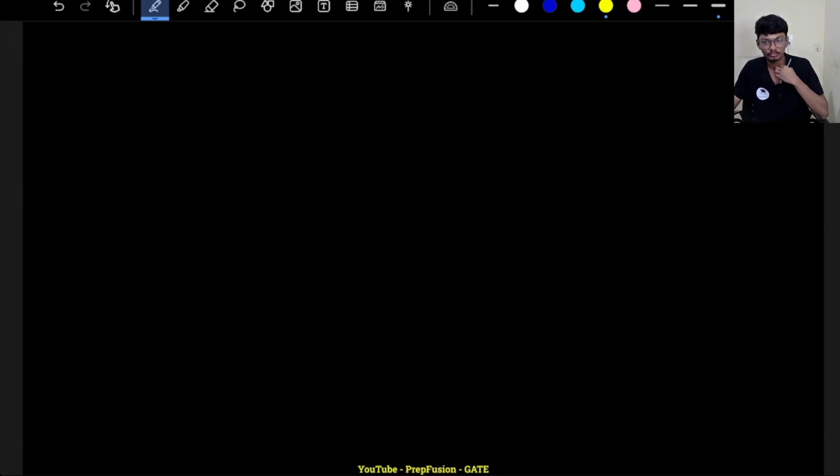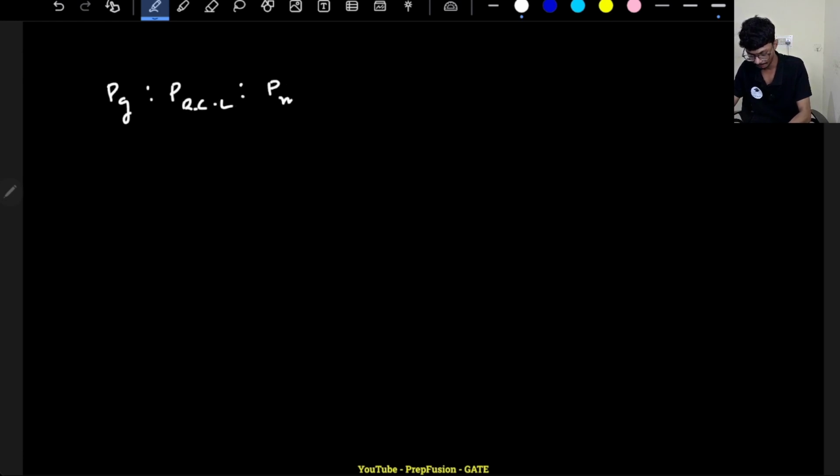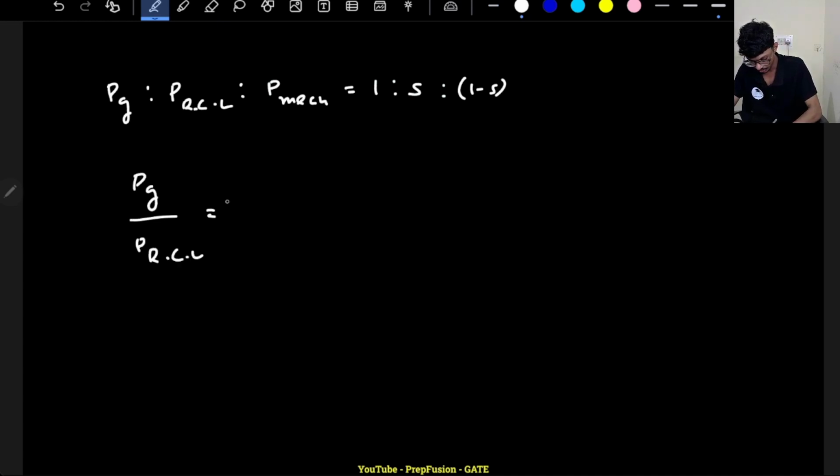So from here, will I be able to find out the rotor copper loss? Yes, we know this relation, right? Air gap power to rotor copper loss to the mechanical power, this ratio is basically 1 is to S is to 1 minus S. This will be helpful in so many places, trust me. So Pg upon rotor copper loss, that is what I have to find out, is equals to 1 upon S, right?